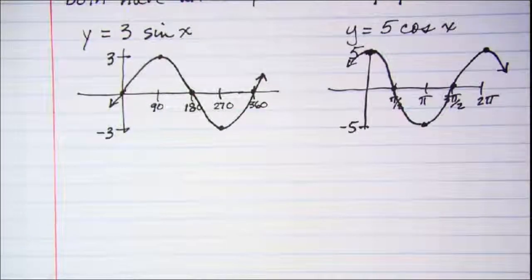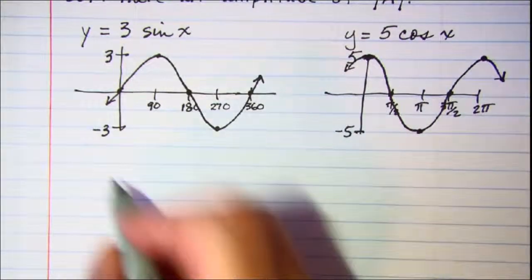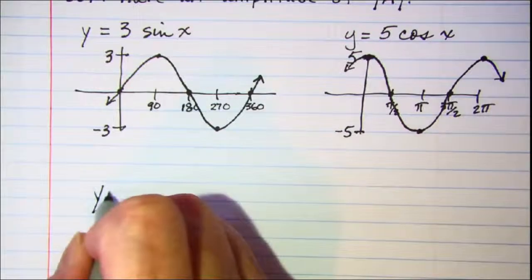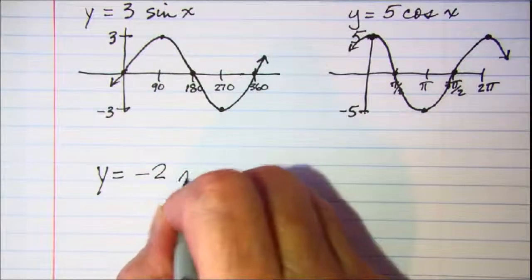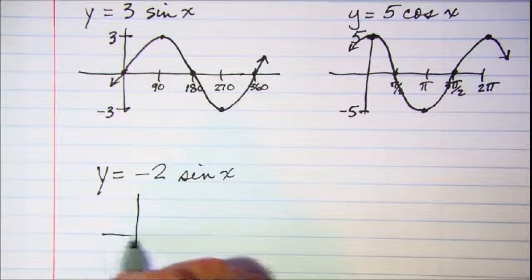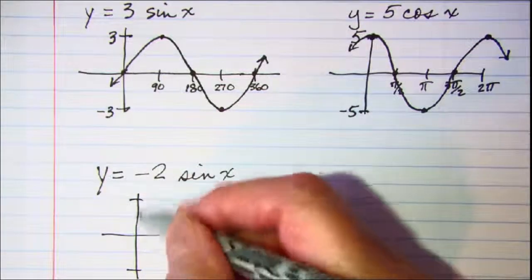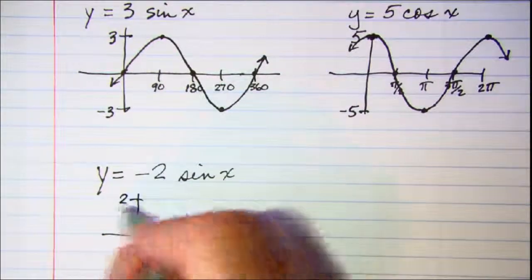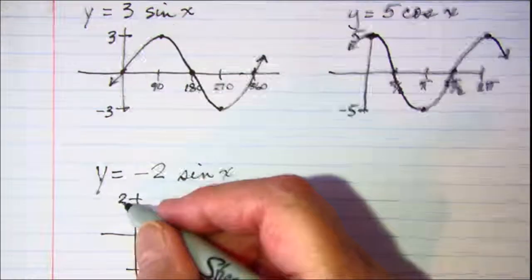Now let's look at negative a values. If I were to graph y equals -2 sine x, again, I need this distance to be 2, and this, since it's above the x-axis, is going to be labeled as +2.